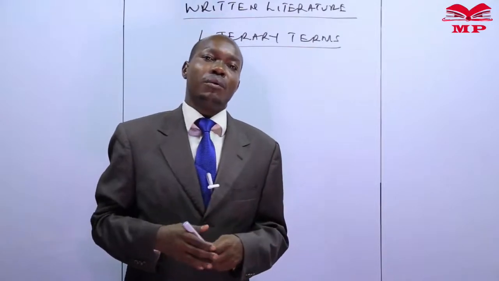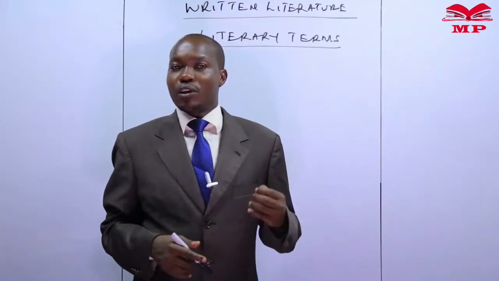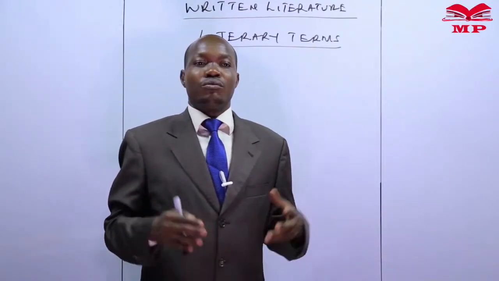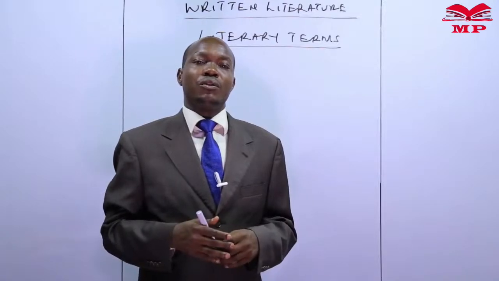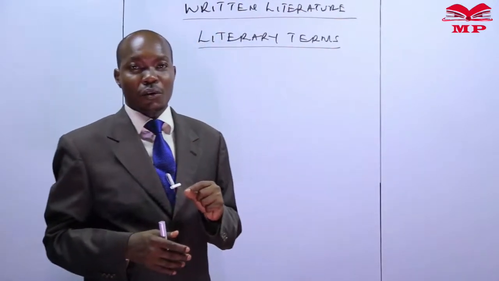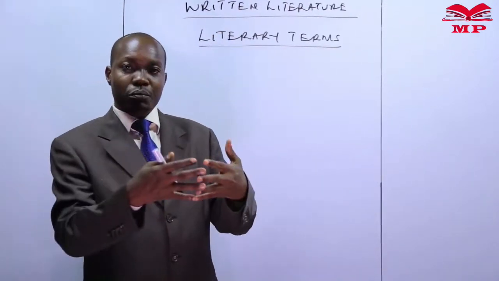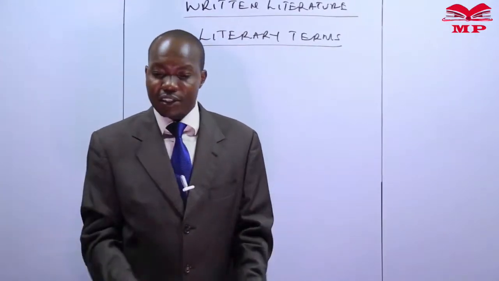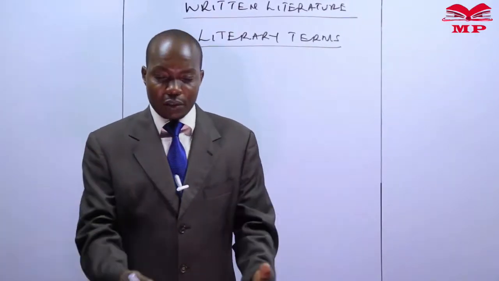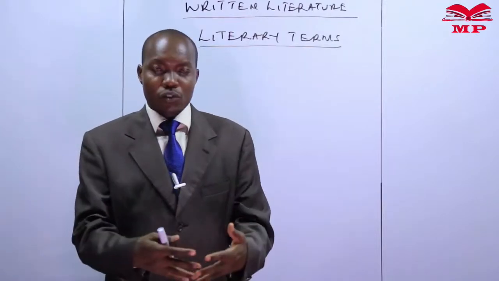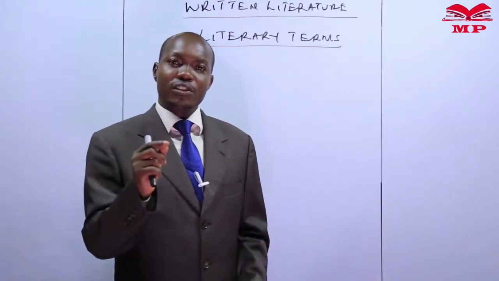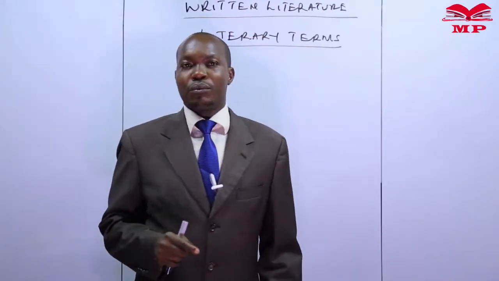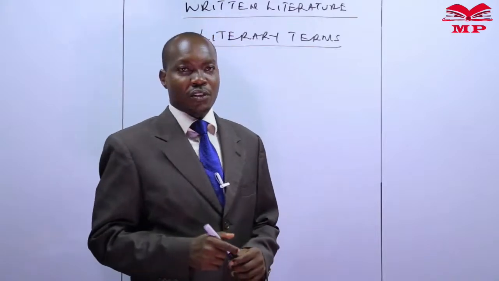Now today, we want to pick up from there and talk about conflict. For a story to move forward, you must have a disagreement or a conflict. As long as you have two people living together, even in a family setup or at place of work, there's always a disagreement. We call that a conflict.